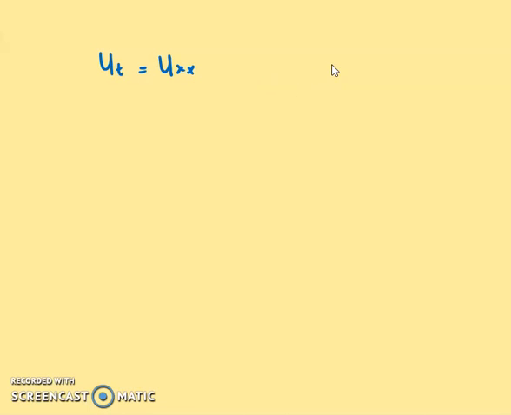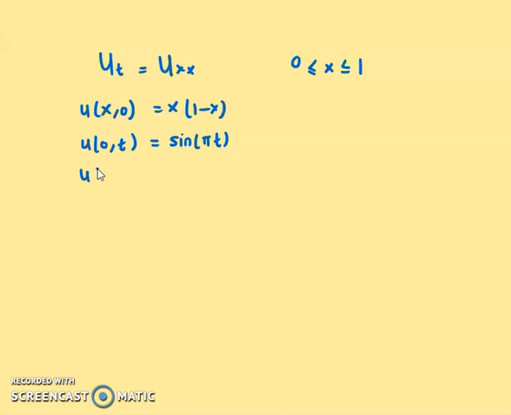The interval is given from x equals 0 to 1, where the initial condition is given by this, and the boundary conditions are given by u0t equals sine pi t, and u1t equals cos pi over 2 t for t greater than 0.